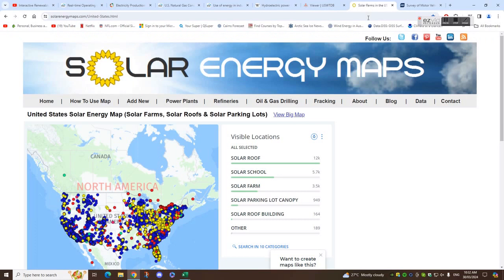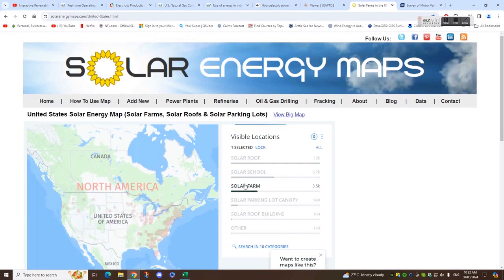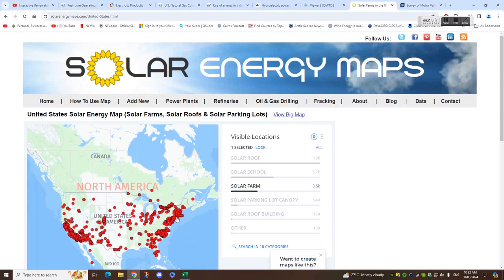Solar farms in the US, I may as well show this while I'm here, this is where the solar farms are, basically where the wind farms aren't. So a lot in California and along the east coast. And of course the wind farms are mostly in the centre. But again, you could put solar farms in the centre as well. They just wouldn't be as cost effective.